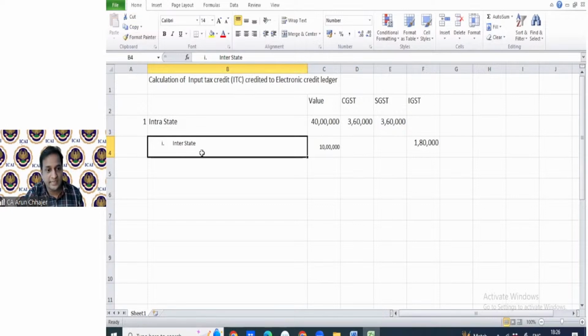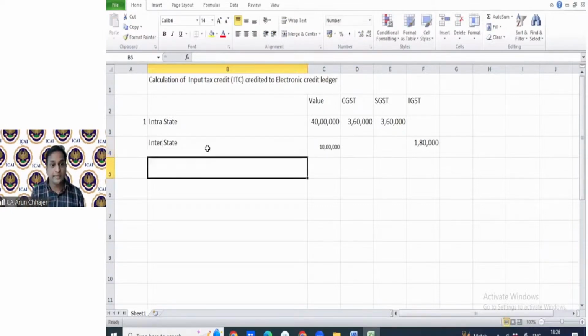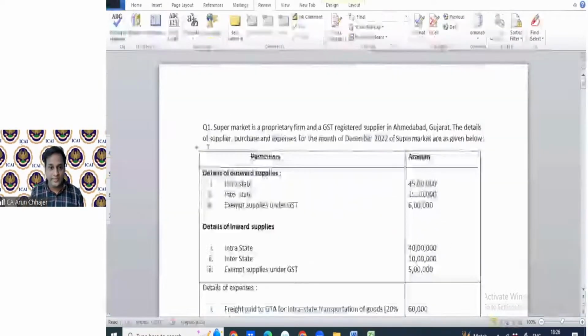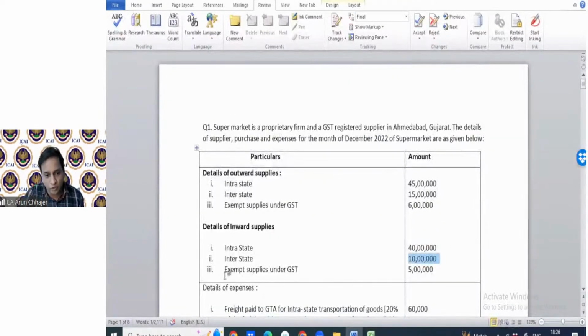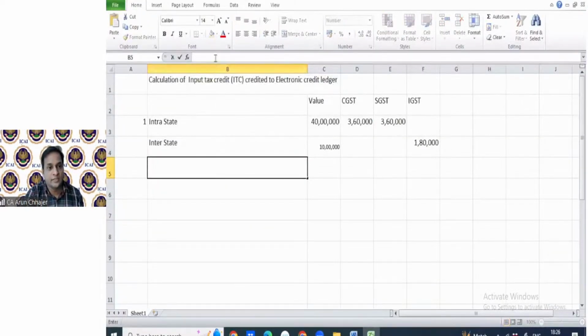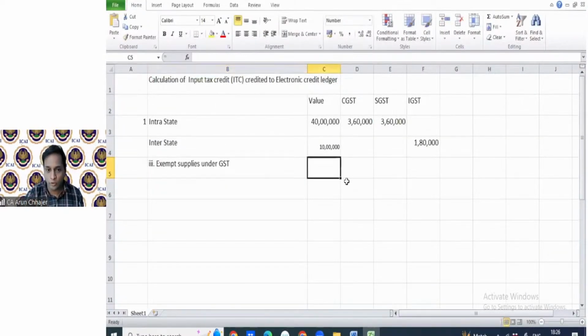So that is clear. Interstate supply and intrastate supply. Now next is exempted supplies of rupees 5 lakh. Exempted supplies under GST. Because there is no component of taxes, there is no question of ITC, etc. Okay.